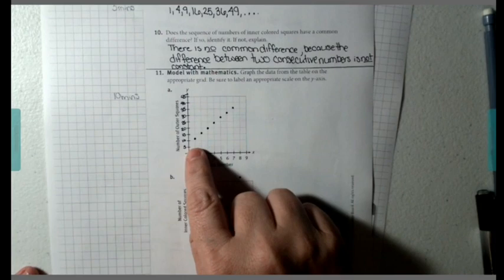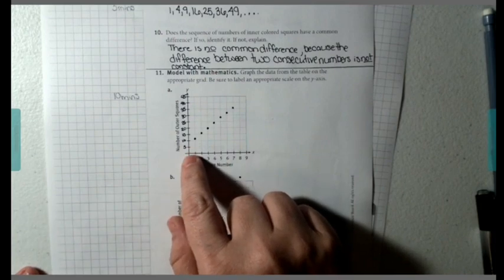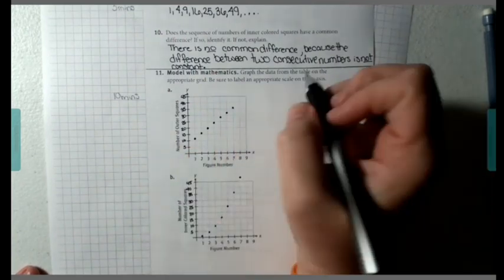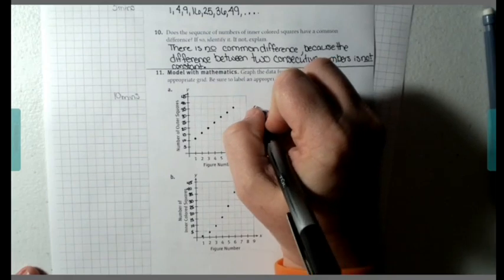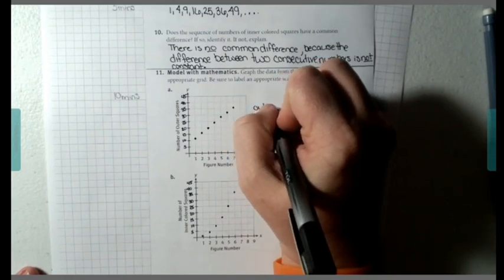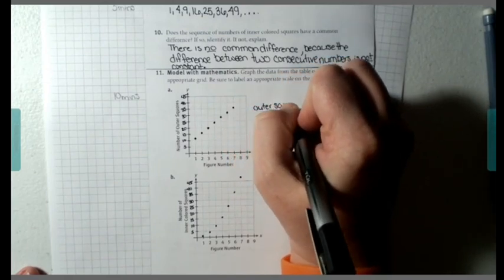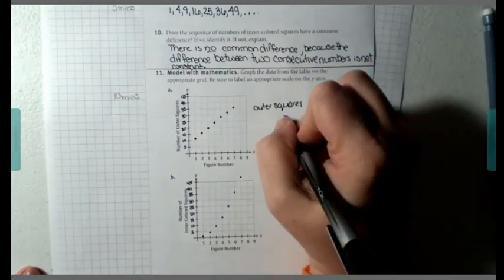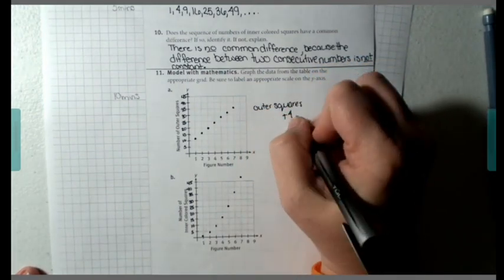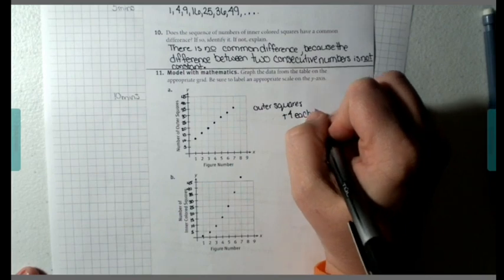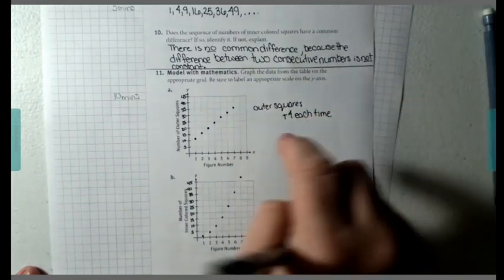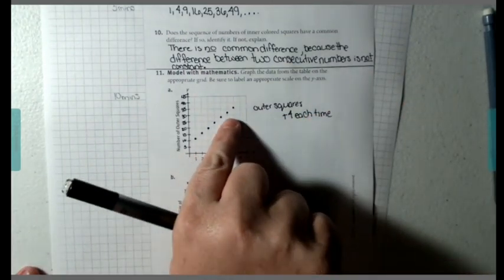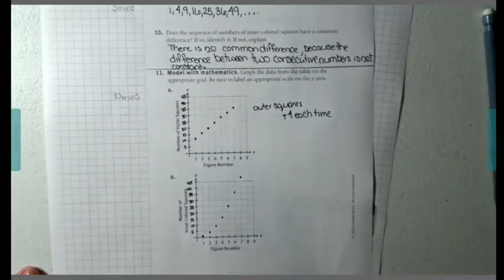You'll notice that whenever I graph A, which were the outer squares, remember that was the pattern where we saw +4 each time? And we've noticed that it forms a very, very straight line.